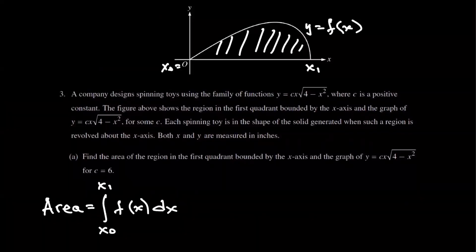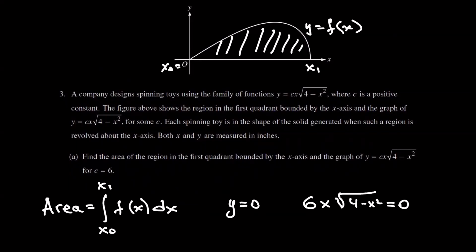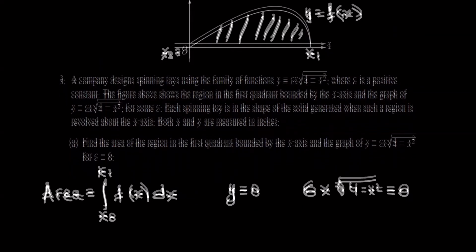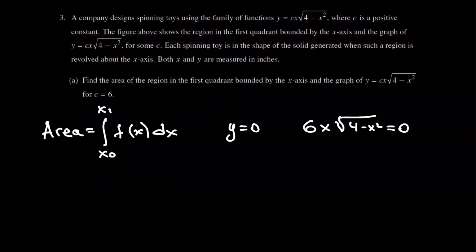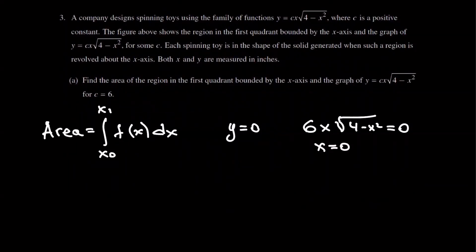So let's find point x1 first. That is when y equals 0, or in other words, plugging in c equals 6, 6x square root of 4 minus x squared equals 0. This is equal to 0 when either x equals 0 or the expression under the square root, 4 minus x squared, is equal to 0.